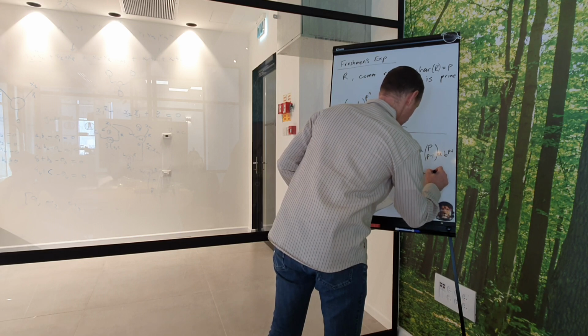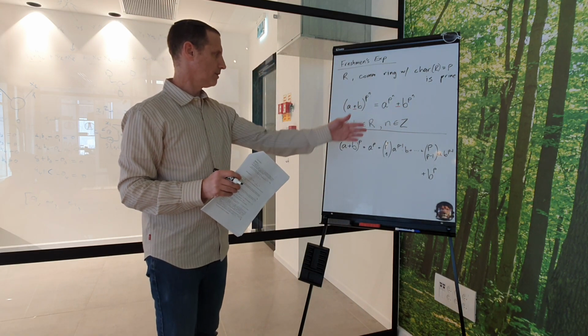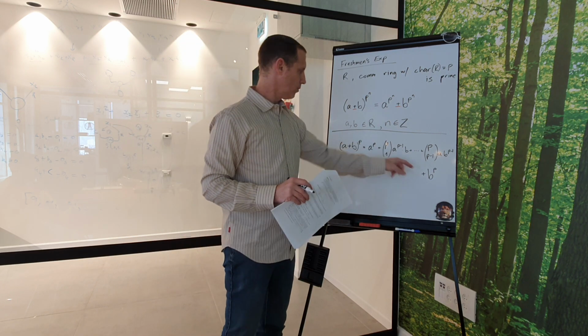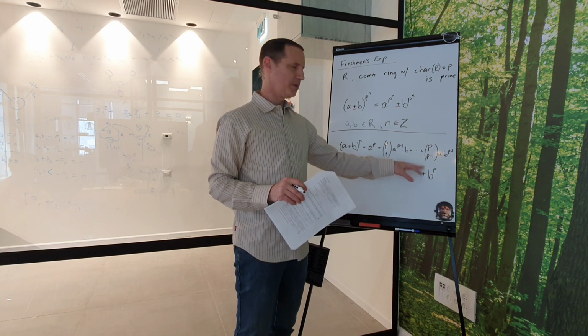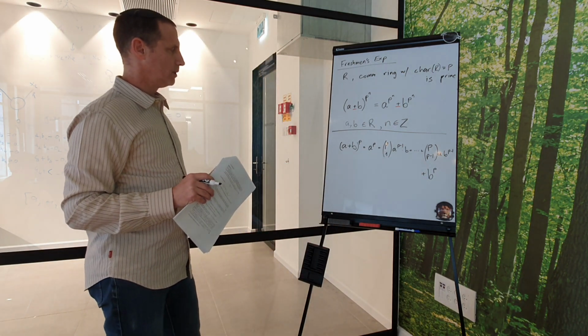b to the power p. So I've got all of these terms. Obviously the first and last coefficients are 1, like p over p or p over 0, which is the same.